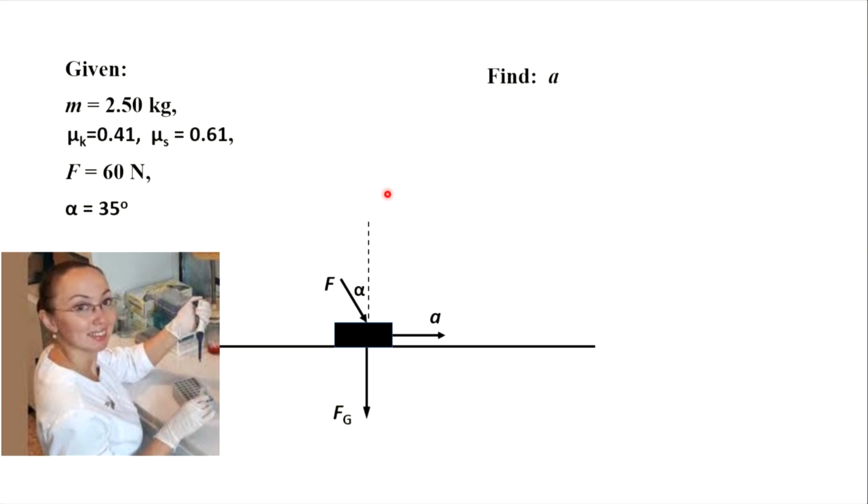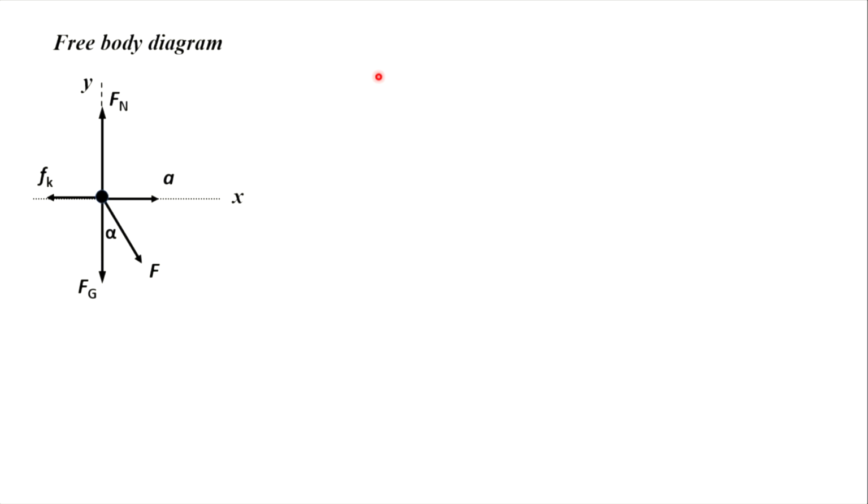They are the gravitational force, the normal force, and the force of kinetic friction, which is opposite to the direction of motion. This force is given by this equation, so it is equal to the coefficient of kinetic friction times the magnitude of the normal force. And then John considered a free body diagram, which is shown here.